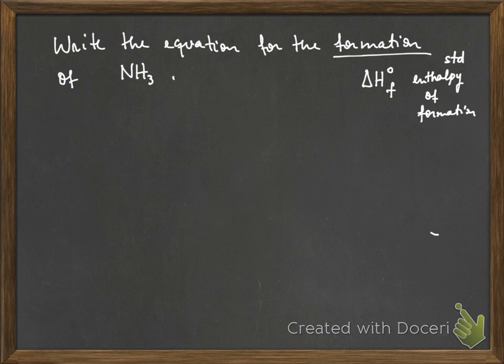And this substance is at its standard state, and its constituents are also in their standard states. So when we write this equation for the formation of ammonia, we have to keep in mind the definition, okay?